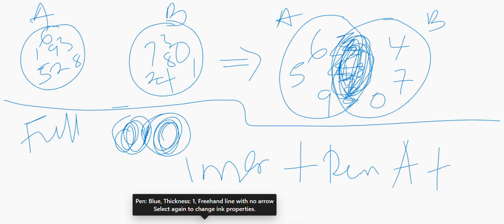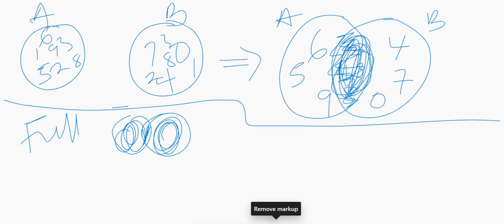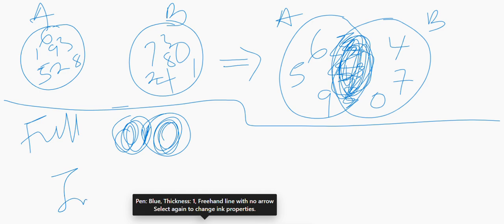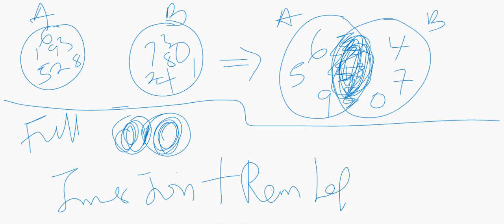We have inner join plus what is remaining on the left plus what is remaining on the right. That is full join.